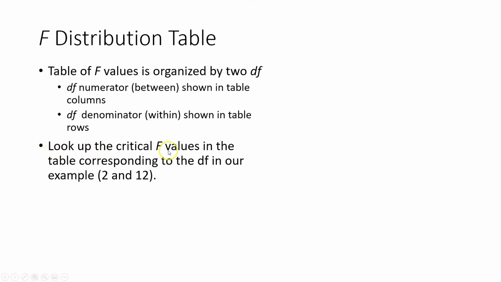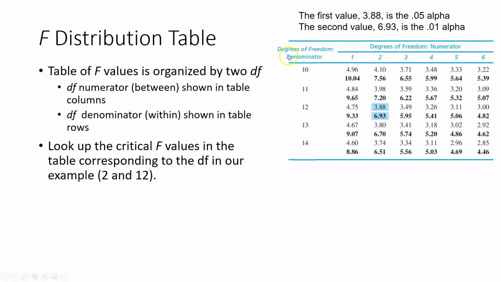So we're going to look up the critical F values that we should have gotten in this situation about the cell phone experiment in the table corresponding to the degrees of freedom that we had in our example, which were 2 and 12. So here's an example of what the table looks like. You've got degrees of freedom numerator and degrees of freedom denominator, but remember, we're labeling that between and within. In order to find the correct critical F statistic for this example, we use between and within degrees of freedom that we computed before, 2 and 12.